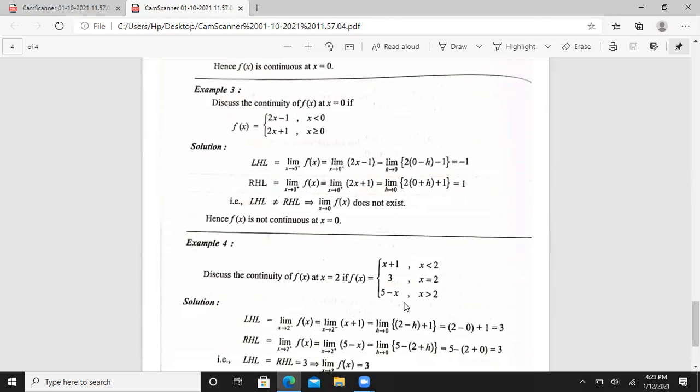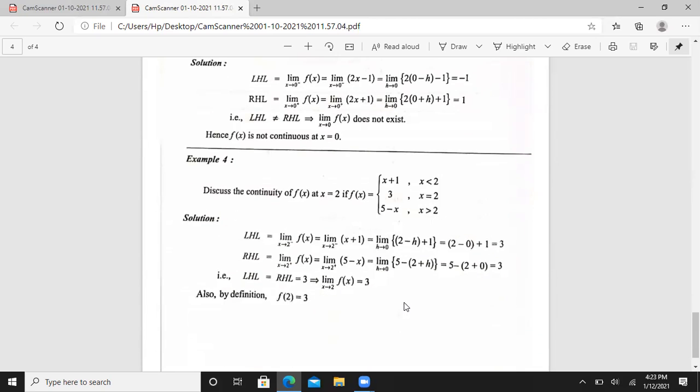First, you take the LHL and RHL. After that, you check whether LHL is equal to RHL. But in the third example, the LHL is minus 1 and the RHL is plus 1. Therefore, the LHL is not equal to RHL. Then the limit as x tends to 0 of f of x does not exist. Hence, f of x is not continuous at x equal to 0.